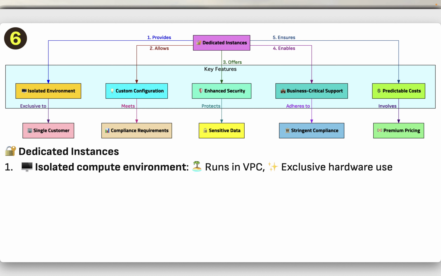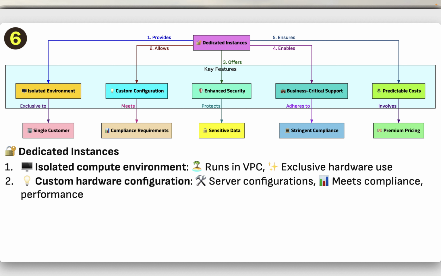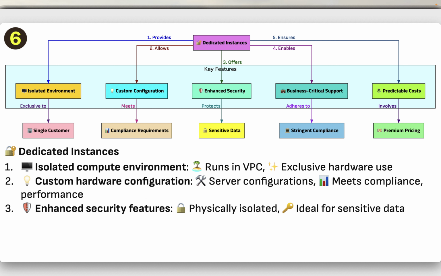Dedicated instances are designed to run in a VPC on hardware that is exclusively used by a single customer, offering physical isolation from other AWS accounts. They allow customers to use their own server configurations, making it easier to meet specific compliance and performance requirements. By providing a physically isolated environment, dedicated instances enhance security, making them ideal for handling sensitive data and applications.